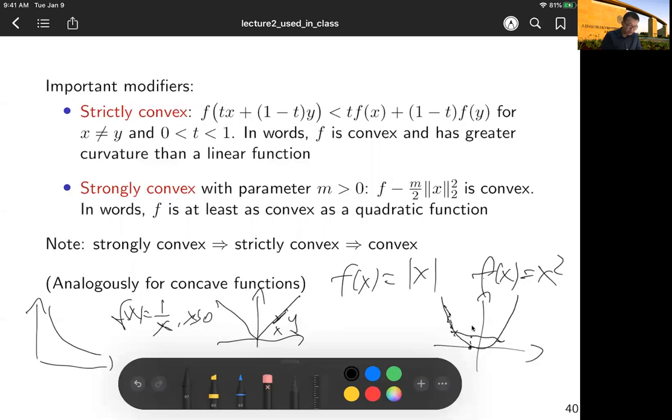So this function is clearly strictly convex because you have curvature everywhere, but it is not really strongly convex because you cannot subtract any quadratic function from it while retaining its convexity. All right.